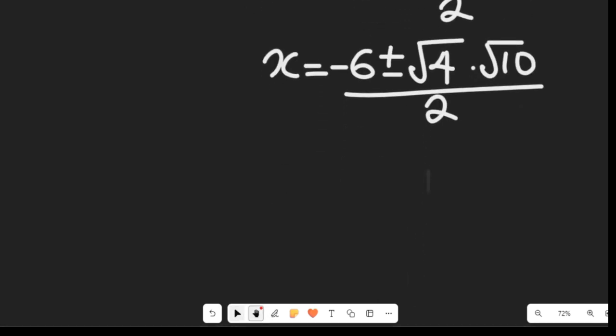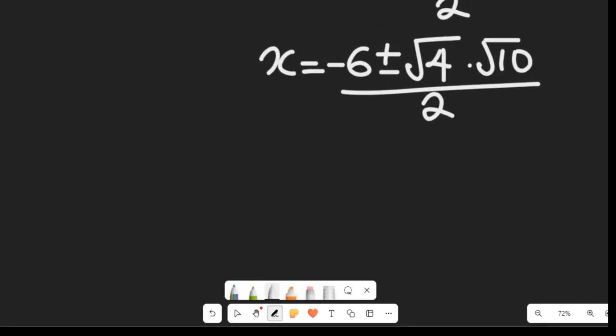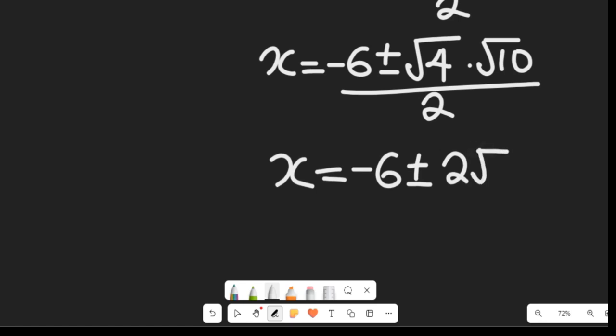From this expression, we'll see that the value of our x is equal to negative 6 plus or minus 2 root 10, and all this will be divided by 2.